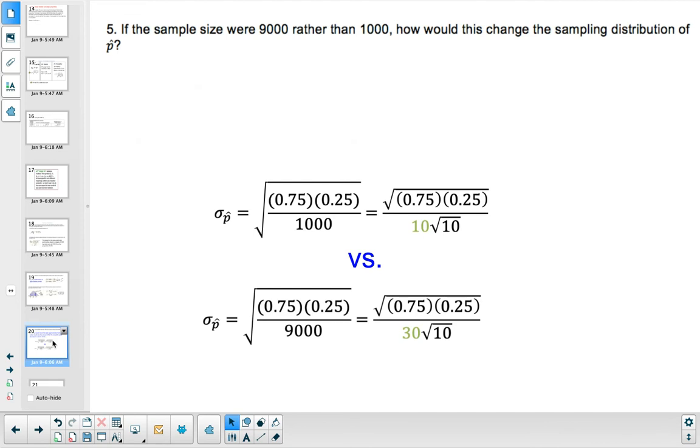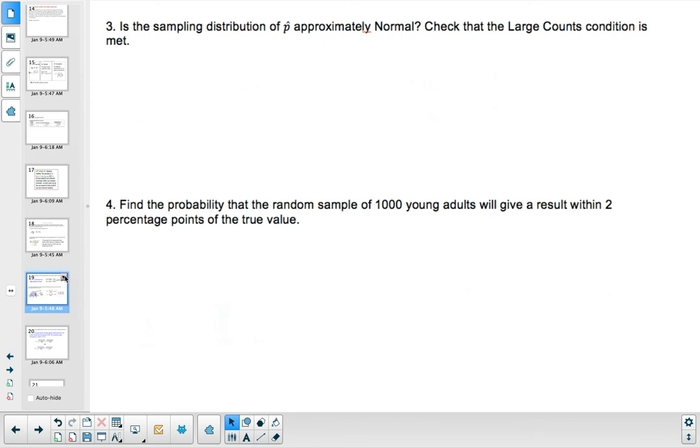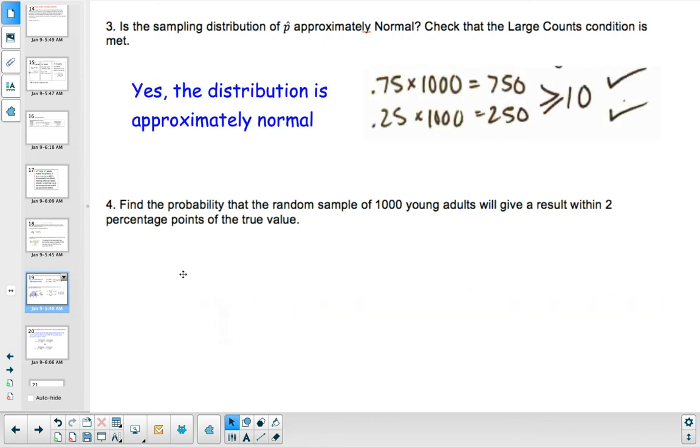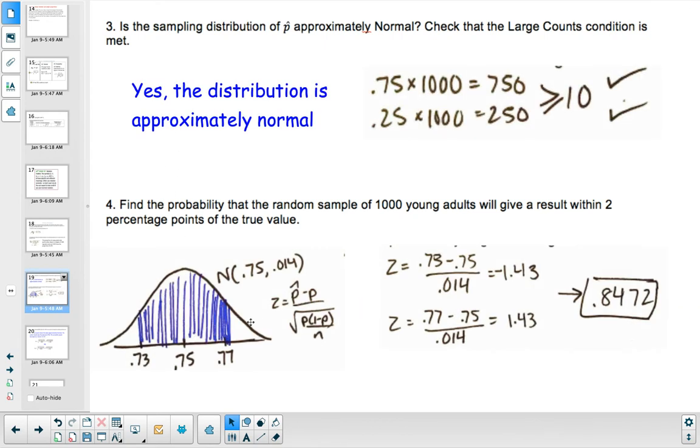If the sample size were 9,000 rather than 1,000, so we're increasing the sample size by 9 times, how would this change the sampling distribution of p-hat? As we learned in the past, when you increase the sample size, you're going to decrease the variability. Think about the dots, like a big pile of p-hats, like we thought of this as a dot plot.